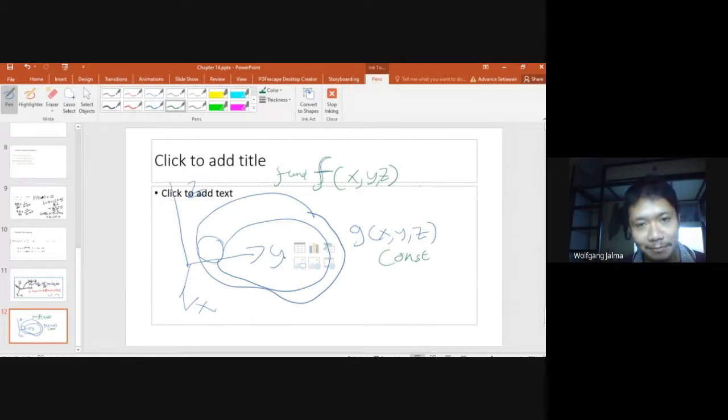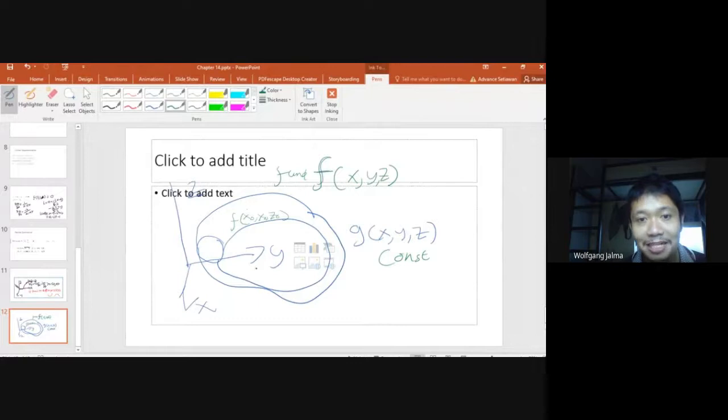So what does it mean? Suppose we have, this is the dot. This is a point in g, right? We have a value of x0, y0, z0. It doesn't mean anything. It's just the first point. So we have a value of f at x0, y0, z0.